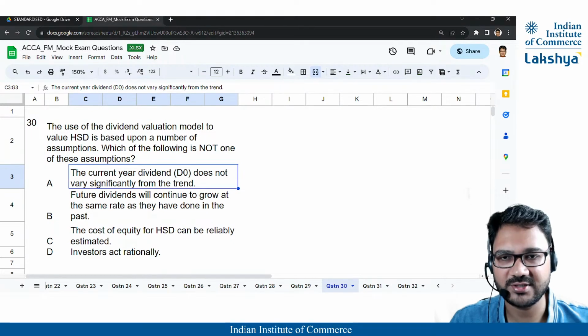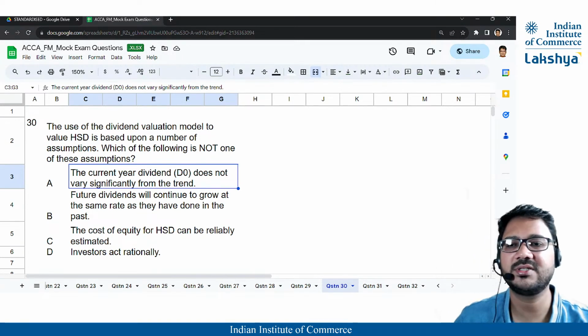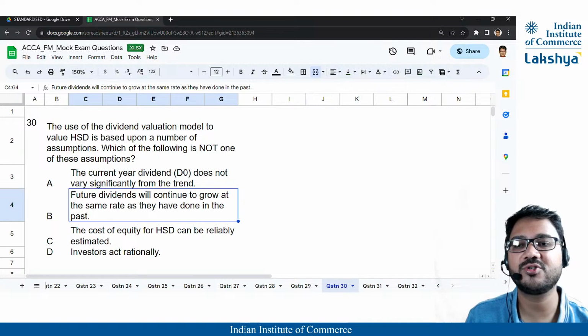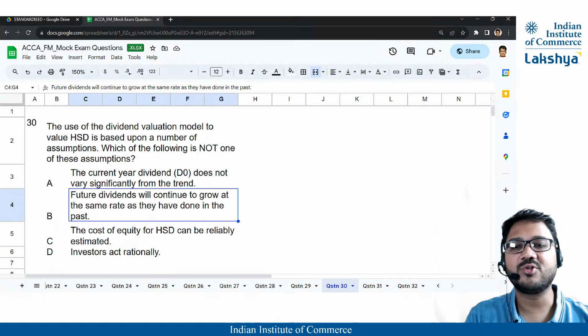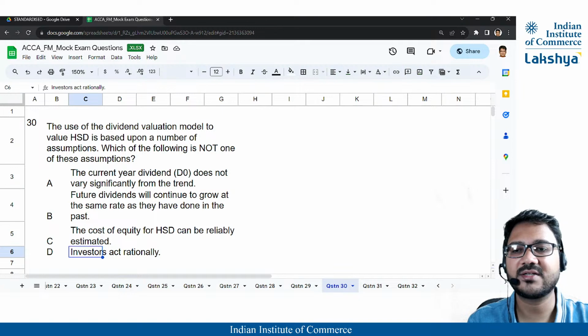Well, that is an assumption because we use the growth rate, which has been consistent. Future dividends will continue to grow at the same rate as they have done in the past. The cost of equity for HSD can be reliably estimated, and investors act rationally.